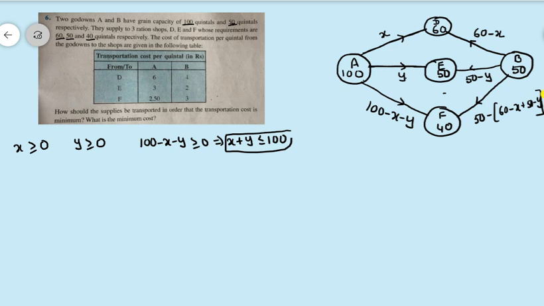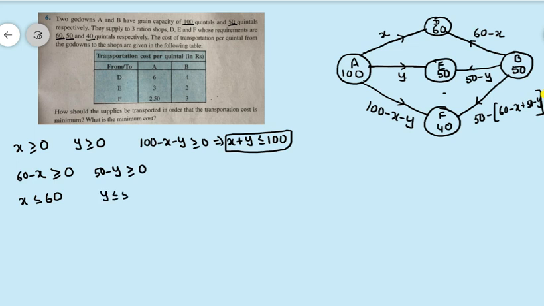And next one is from B to D we supplied 60 minus x units, that must be greater than or equal to 0. That's why we can write x less than or equal to 60. Again from B to E we supplied 50 minus y units, greater than or equal to 0.